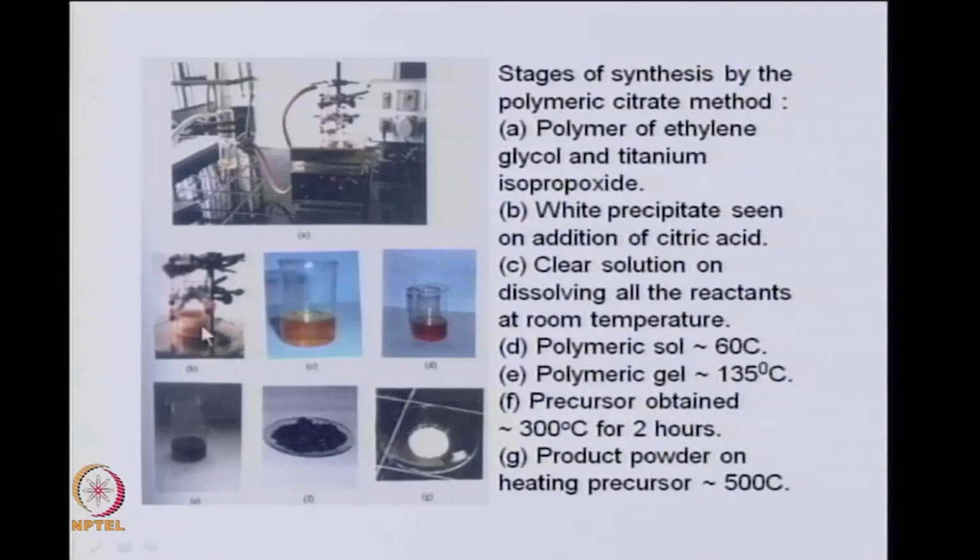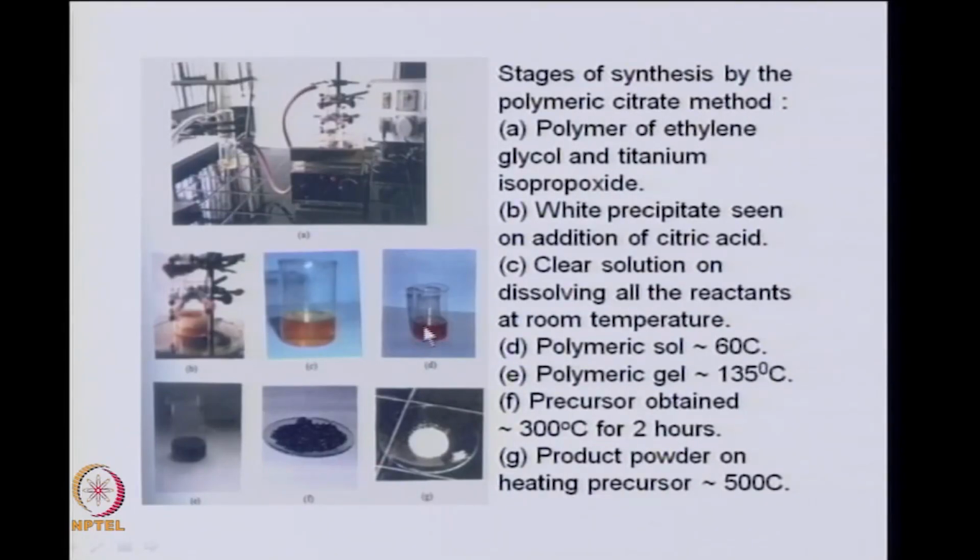This white precipitate will dissolve after some time and you will get a clear sol. So, you have added an alkoxide which is titanium isopropoxide, ethylene glycol and citric acid, and you dissolve it at around 60 degrees to get a clear sol.